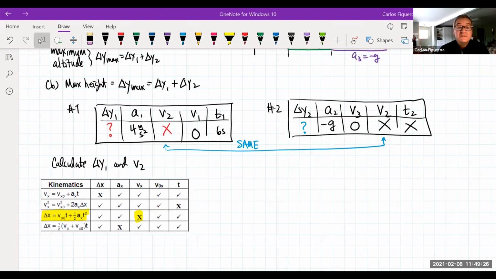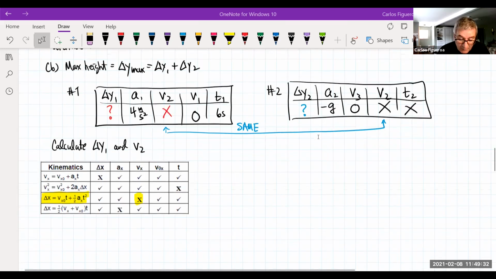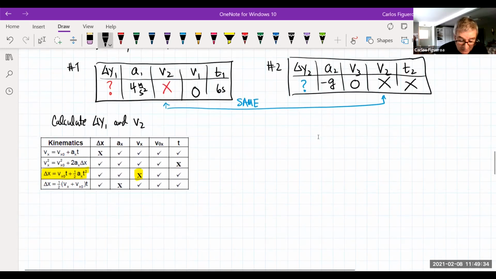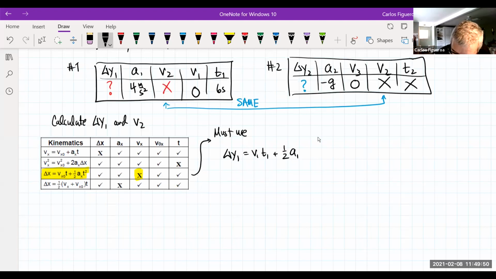So then that means I'm going here and I'm going to start to calculate that. So this guy tells me right here that I must use, okay, here I go, delta y1. I'm going to put it into my notation. I have v1 t1 plus 1/2 a1 t1 squared. But note, v1 is 0, so that term disappears.